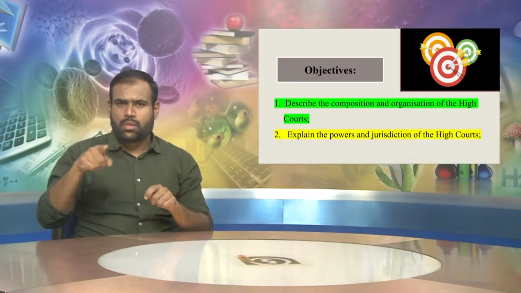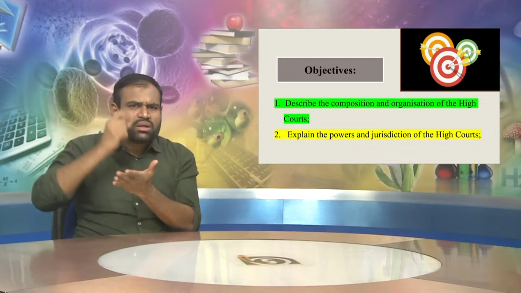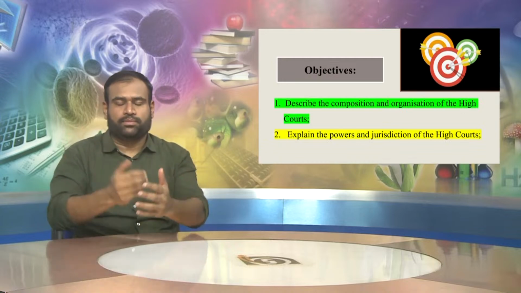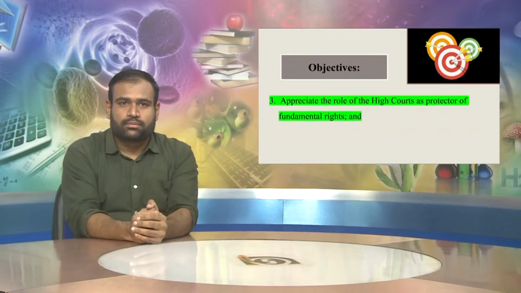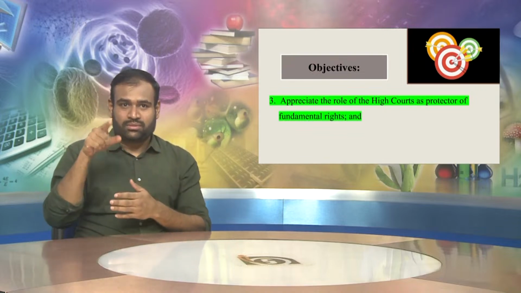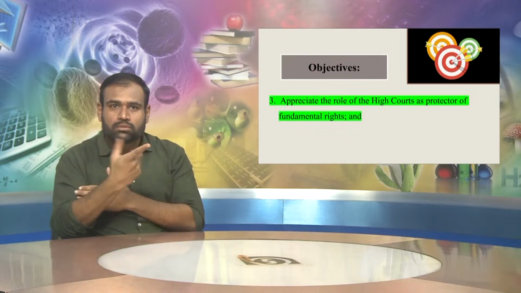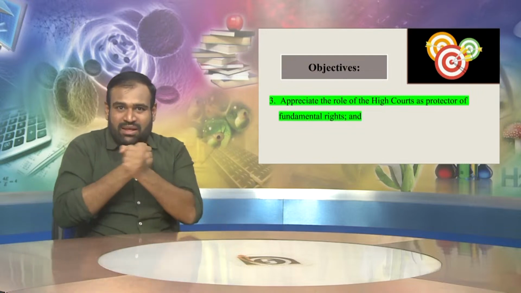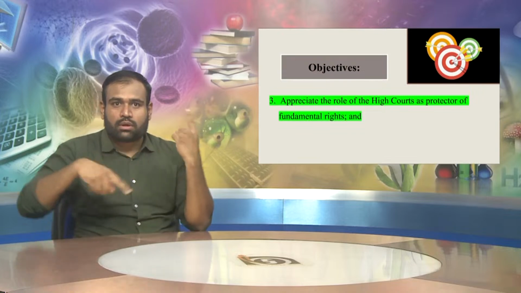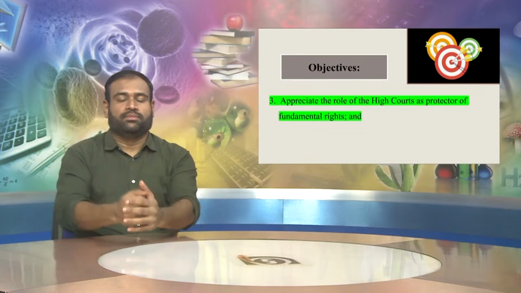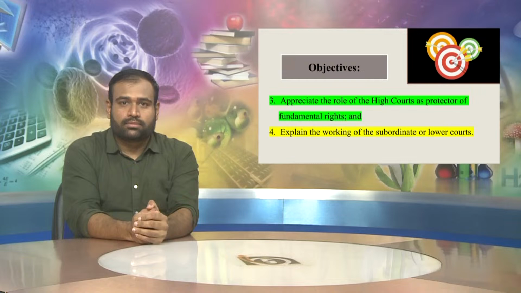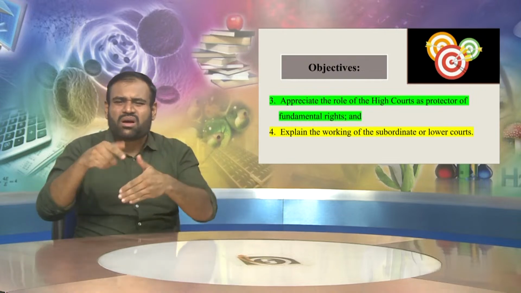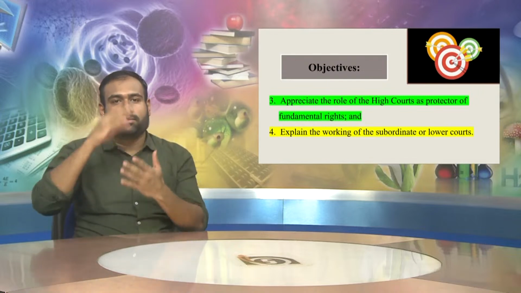Second, explain the powers and jurisdiction of the High Court. Third, appreciate the role of high courts as protectors of fundamental rights and explain the working of the subordinate or lower courts.